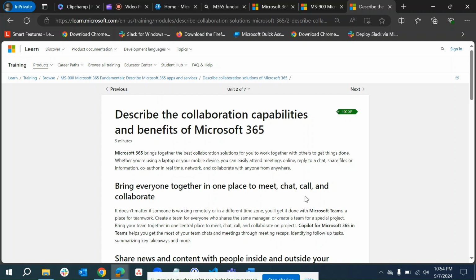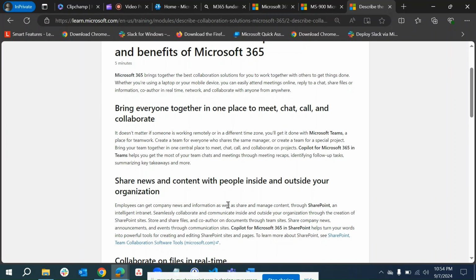So they would do all these different things together, and that is when they would jump on a call or a meeting, and do all of their work and share their ideas together. So that would be a great platform to collaborate on Teams.